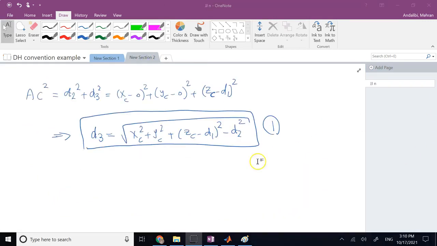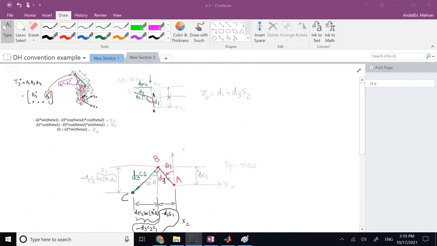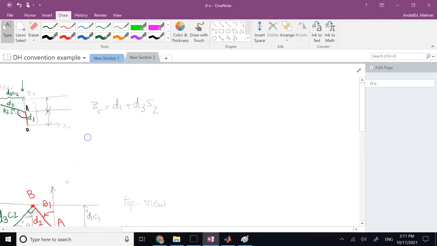Okay, so now that we have d3, if we go back and look at that AB view, where zc was d1 plus d3 times S2, clearly from here I can find S2. So S2 is going to be (zc minus d1) divided by d3.